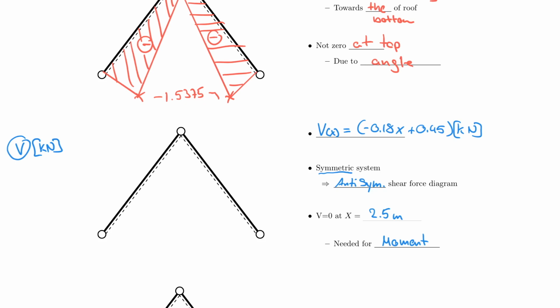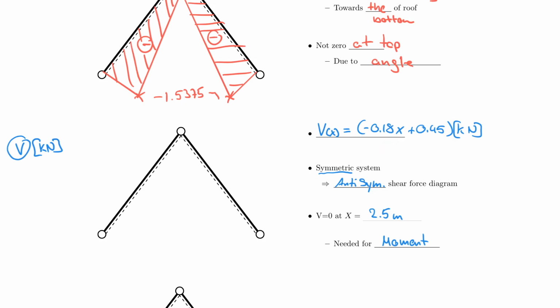But let's look at this before we go to the moment. So I will just draw it. But first, notice here that we'll start off with x being 0, which if I put 0 in here, then I end up with positive 0.45. So that means here is the left side, and I have to go up, right? Because I have to follow my arrows here. And then I go down, down, down, down, down with a linear function as I show here.